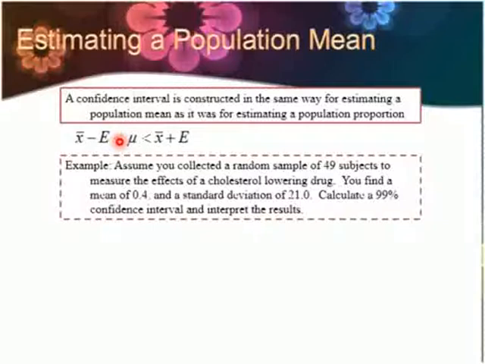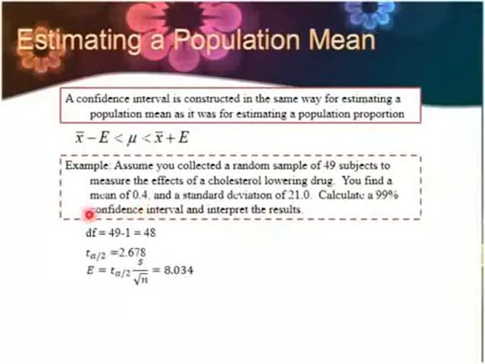So if we're looking back at this example, this time we want to calculate a 99% confidence interval and interpret the results. So we can use all the same information we calculated before. The one thing we're going to do different now is calculate this confidence interval. So same degrees of freedom, same critical t value, and the same margin of error.